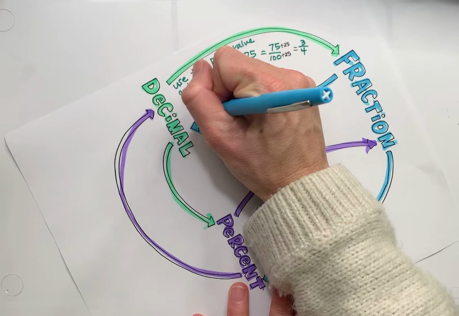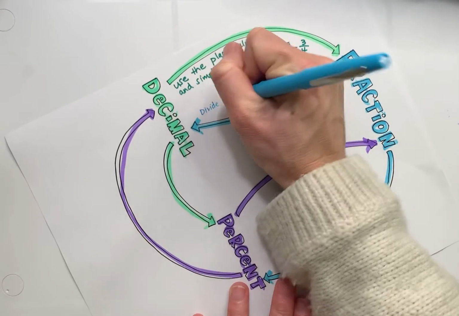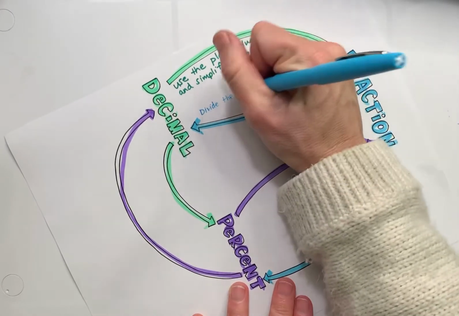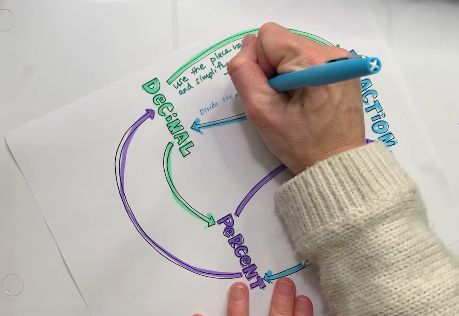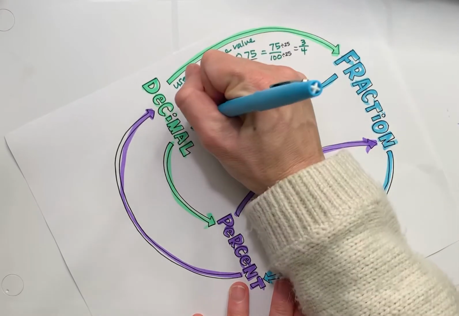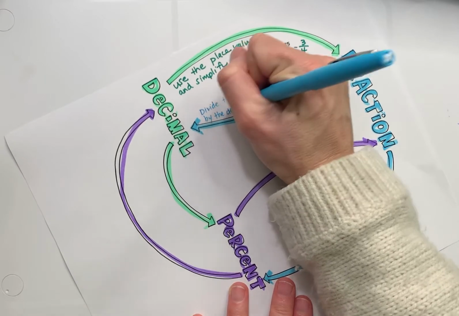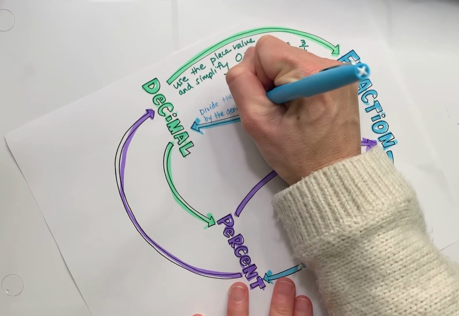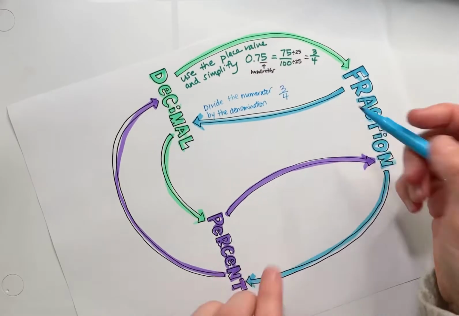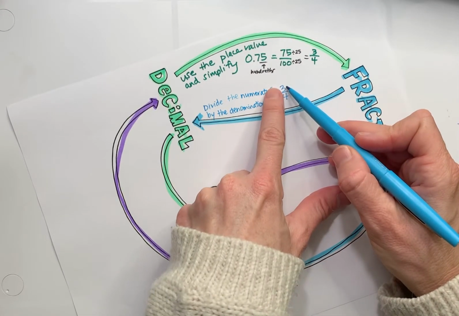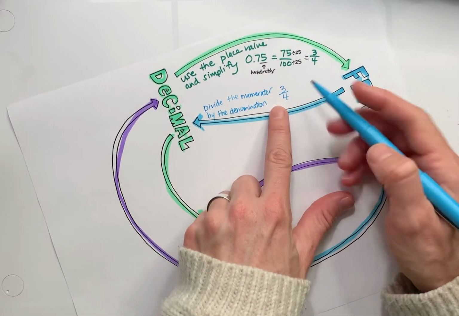I am going to divide the numerator by the denominator. Okay, so it's dividing the numerator, 3, divided by 4.